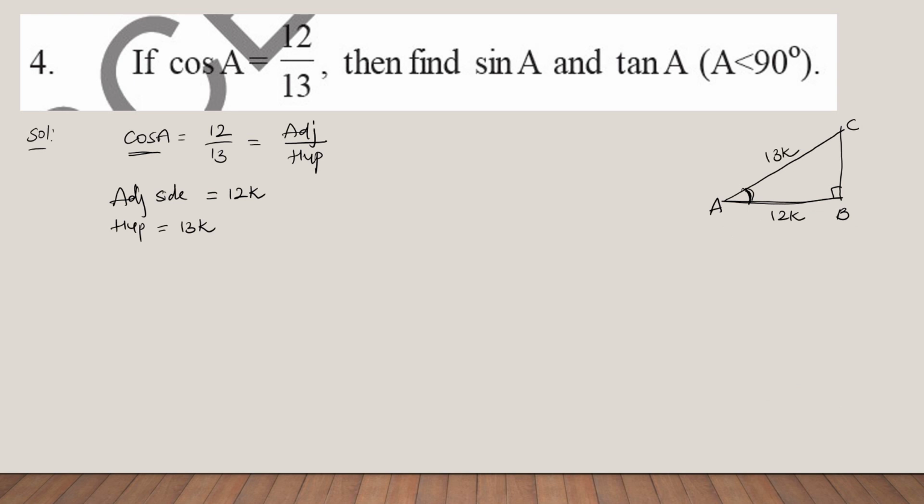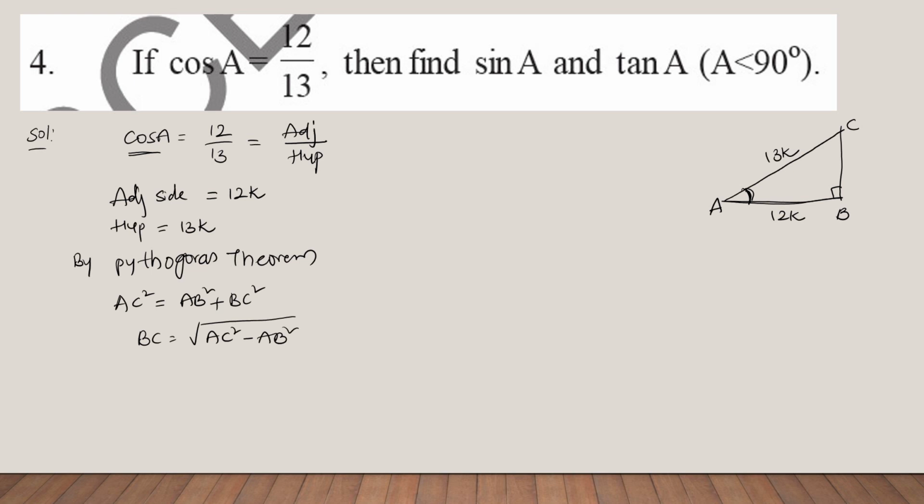Now we need to find the value of BC. By Pythagoras theorem: when two sides of a right angle triangle are given, to find the third side we can use Pythagoras theorem. Hypotenuse square is equal to side square plus side square. Since I need BC, BC square can be written as AC square minus AB square.